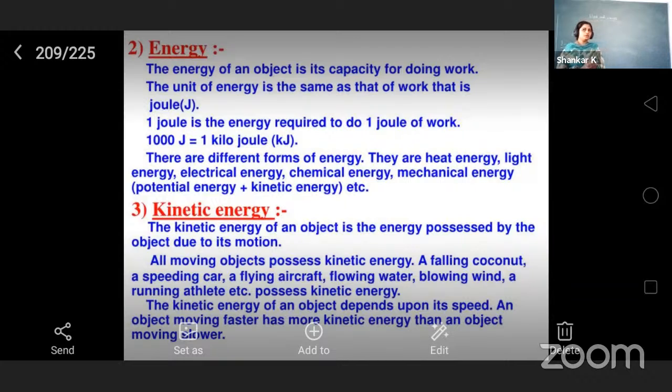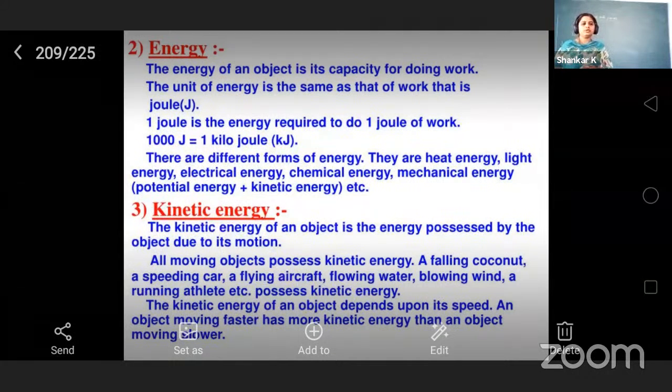For example, if you want to push a trolley or a table, what do we need for that? We need energy. If you want to push a table or any heavy object, we have to put a force. By force it moves, but to put force we need energy.